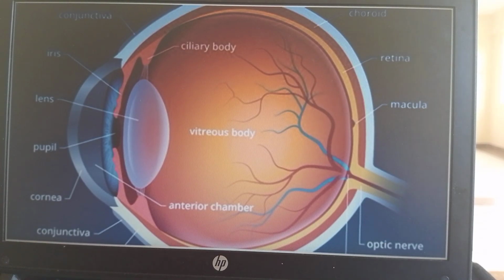We shall also, at some point in the subsequent presentations, look at the anatomical structure and course of the optic nerve from the eye to the brain.